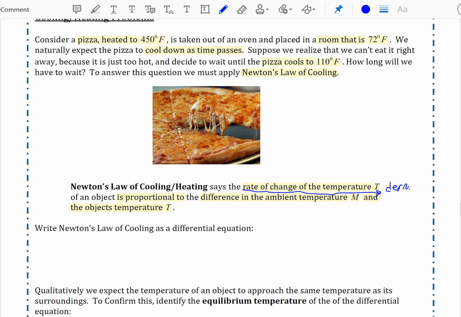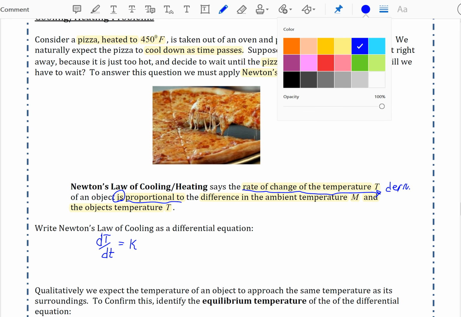The rate of change of the temperature is dT/dt equals proportional to, we'll have our proportionality constant K.